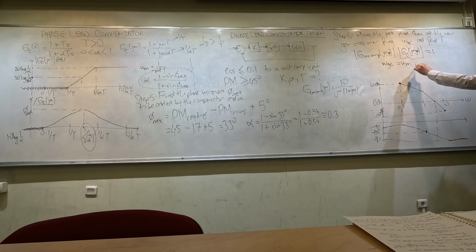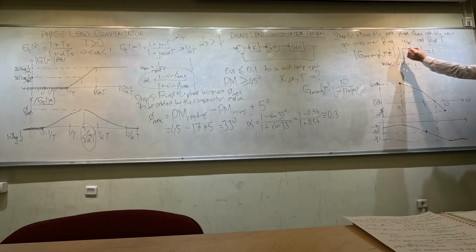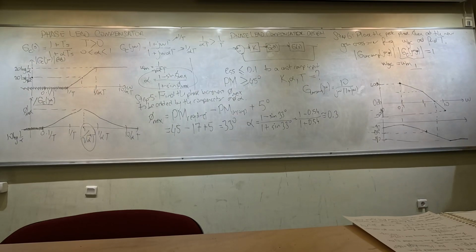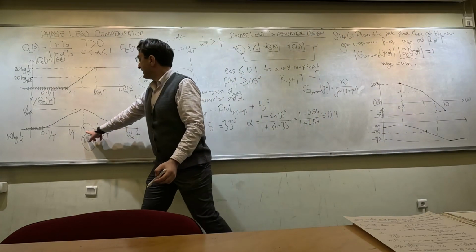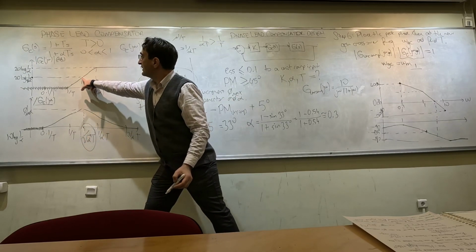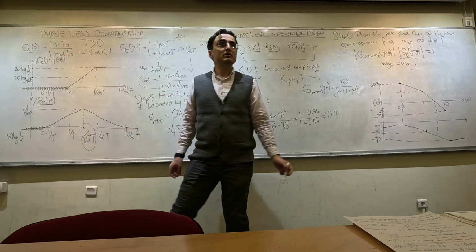It is 1 over what? The magnitude of GC of omega m, what is it? One over one? What do you mean? No, it's not 1. So I'm asking, at omega m, what is the magnitude of the compensator?